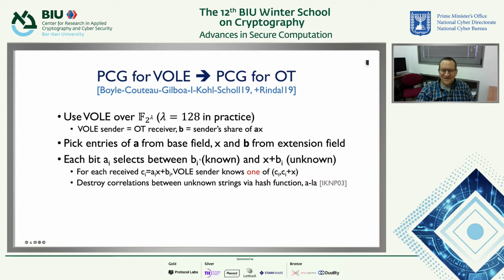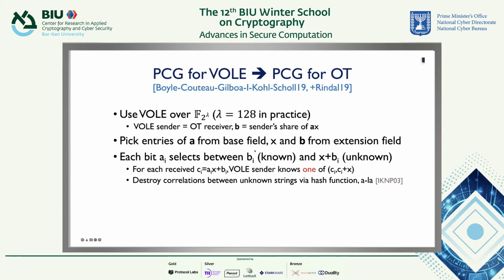It knows for each pair of strings known by Bob, Alice knows exactly one of them. Because X is secret and random, it's known by Bob, Alice can only know either B_i or X plus B_i. Sorry, so if we look at what is received by Bob in the Vole, right? So this is A_i times X plus B_i.